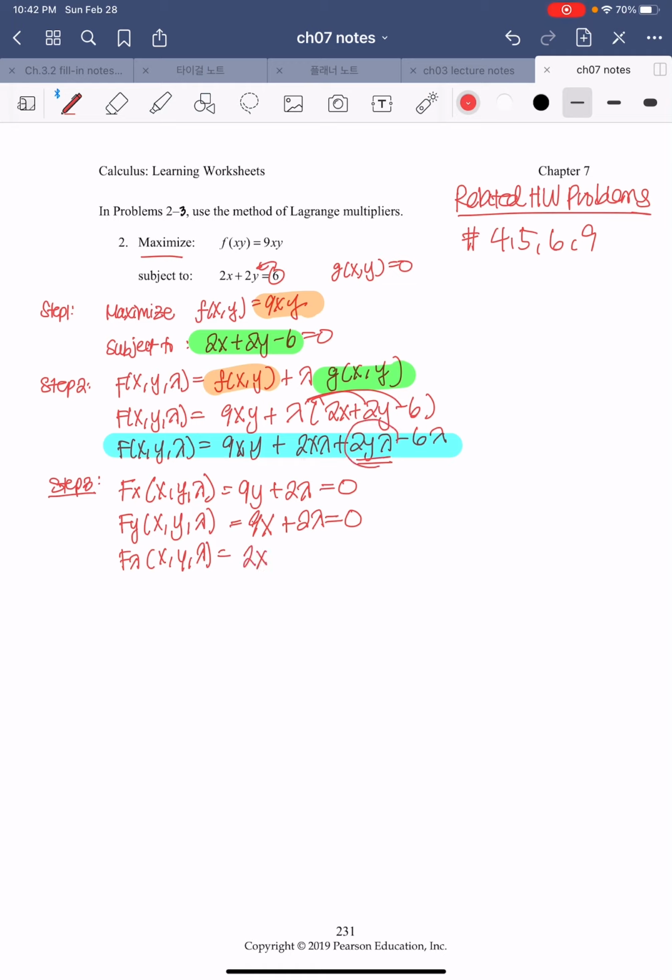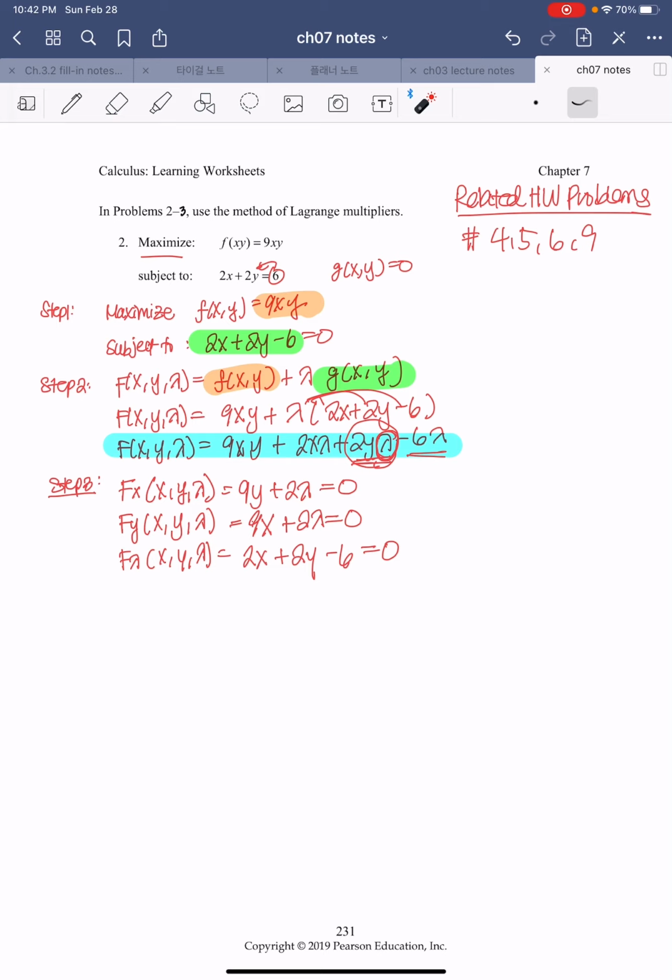Second one, lambda is my variable, so 2y will be your constant. And then lambda is your variable, so it's minus 6. Set it equal to 0. Okay. Now, looks like we will have a maximum this time because I can solve x and y here and plug it in to solve lambda. Right?